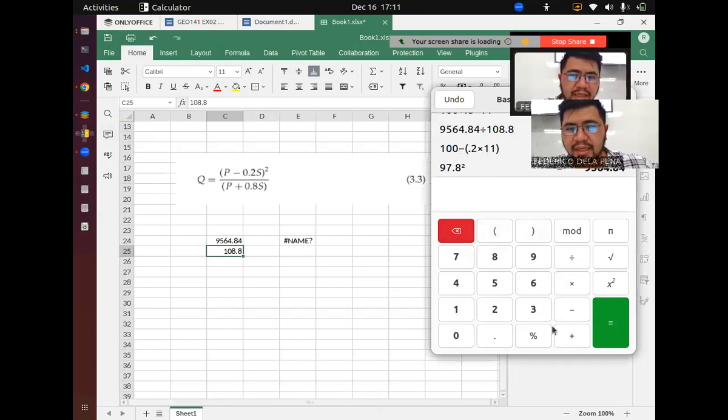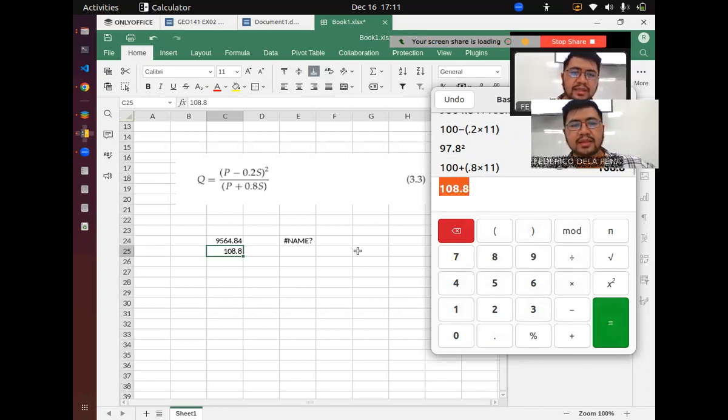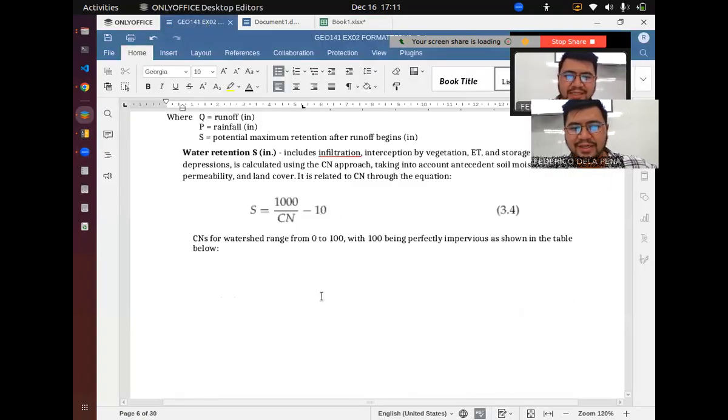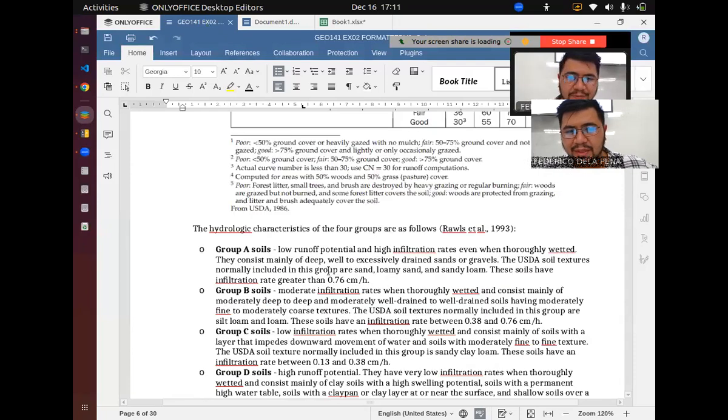And the denominator is 100 plus the quantity of 0.8 times 11, 108.8. So we have a correction in the tutorial.